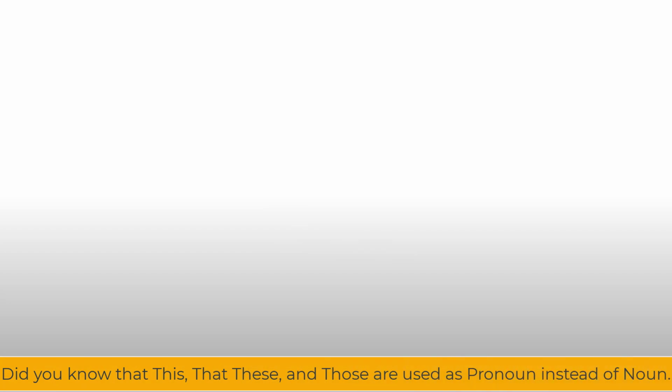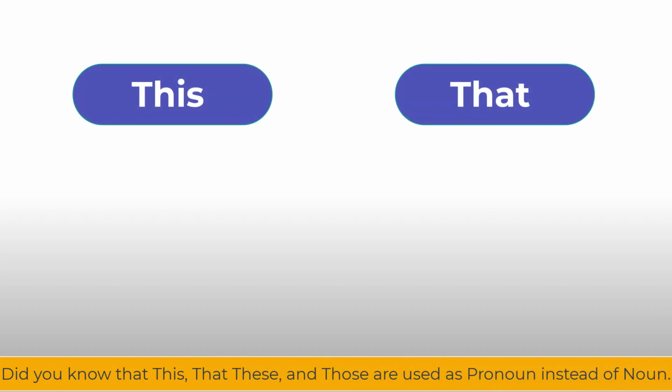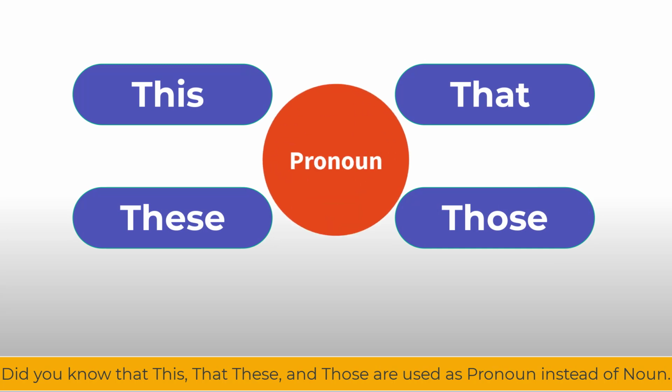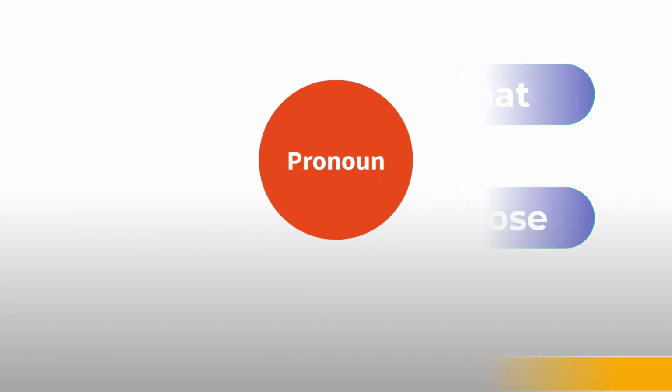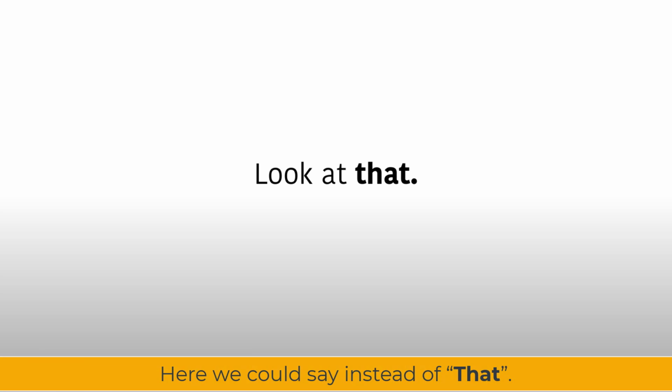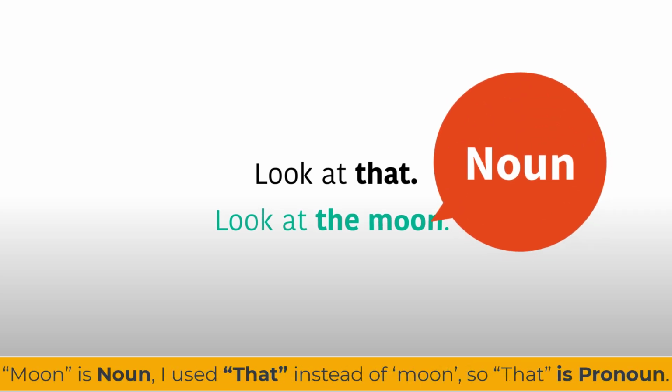Did you know that this, that, these and those are used as pronouns instead of nouns? Let's take a look. Look at that. Here we could say instead of that, look at the moon. Moon is a noun.